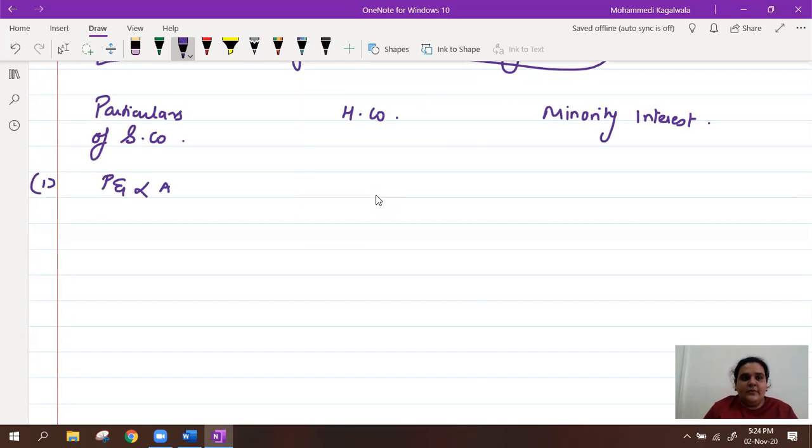Suppose I start with the profit and loss account of subsidiary company. If they have given me that this profit was pre, then it will hit my investment account. But if they have told me that this is post, then it will hit my profit and loss account.